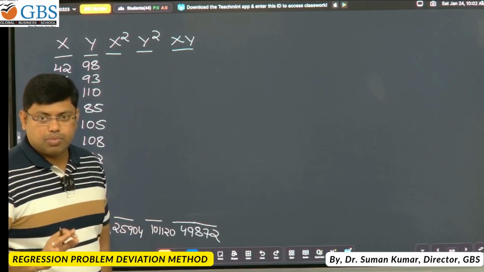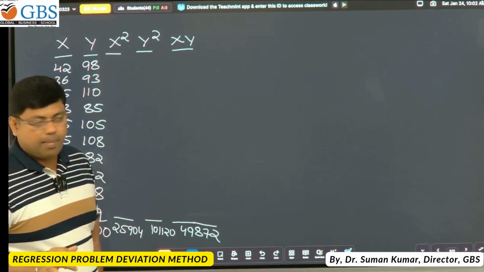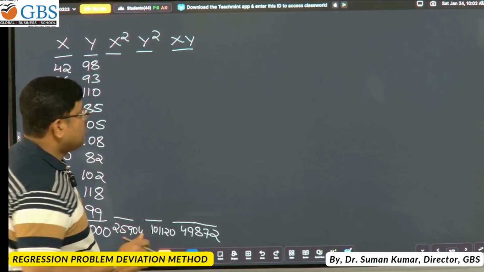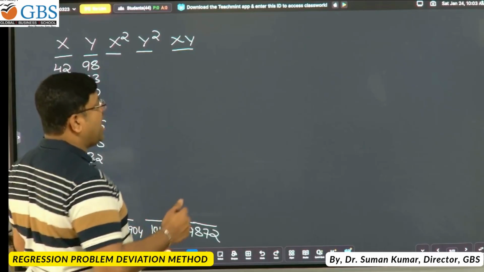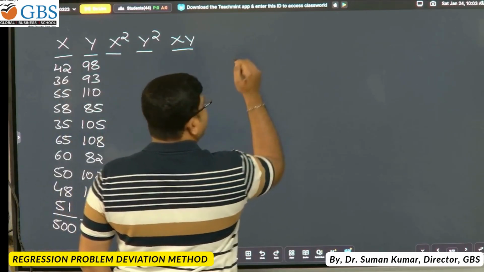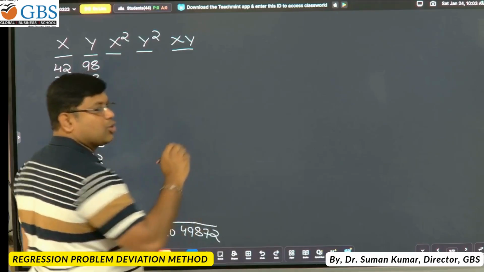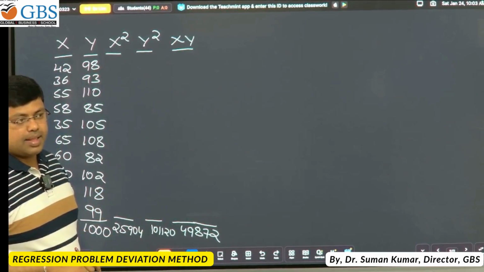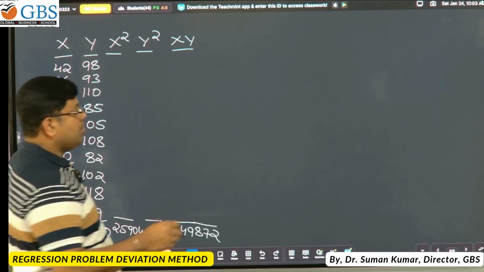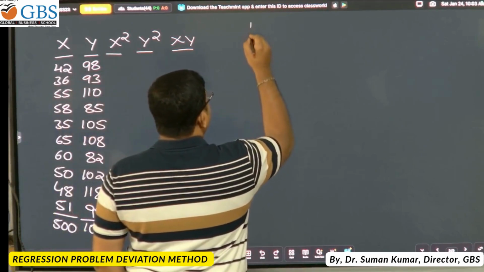Regression equations, both x on y and y on x. In order to do that, the equations demand bxy and byx, and we also have to find out x bar and y bar.